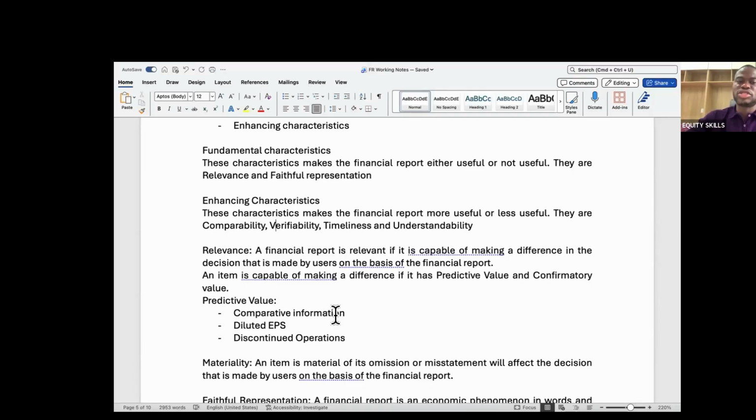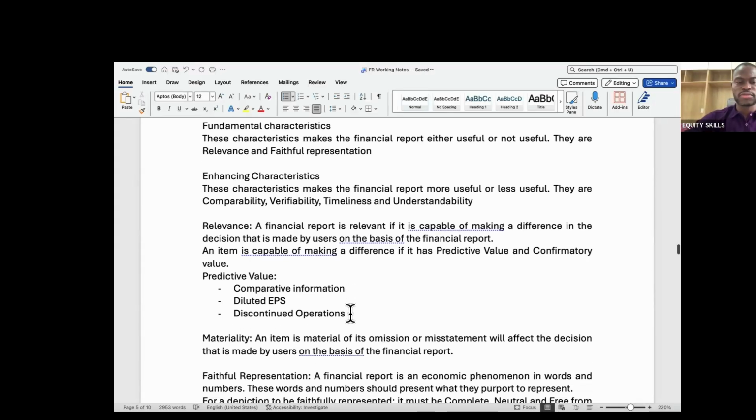And the information is capable of making a difference if it has predictive value and confirmatory value. I gave you examples of what makes information have predictive value: providing comparative information, providing diluted EPS, and providing information on discontinued operations.